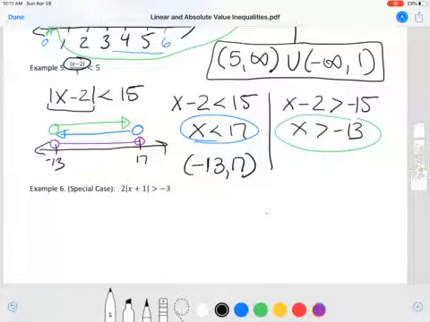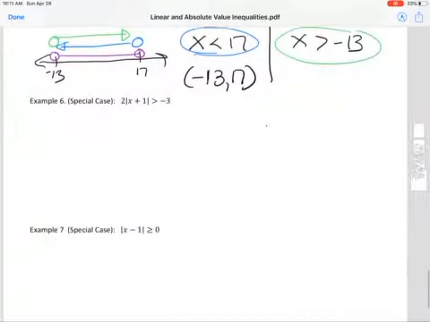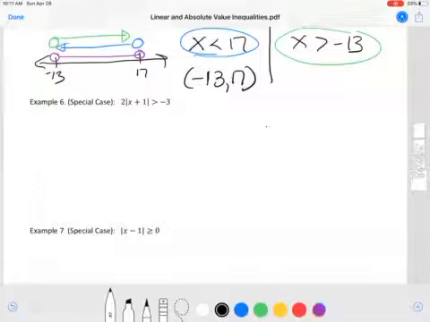Okay, in this example here, example 6, this is a special case. I am going to first try to isolate that absolute value of x plus 1 by dividing both sides by 2.